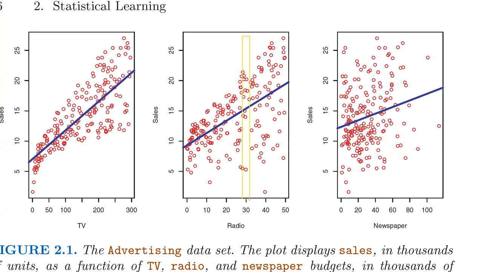Well, when x is 30, you do not have just a single observation. You have roughly these. So if you want the expected sales, you would need to average this value, these two values, etc. Hopefully we get the picture.